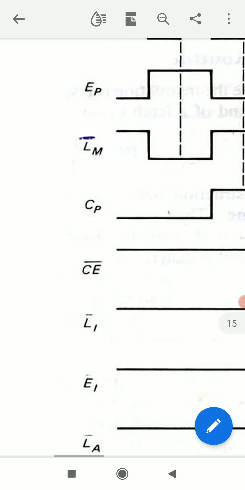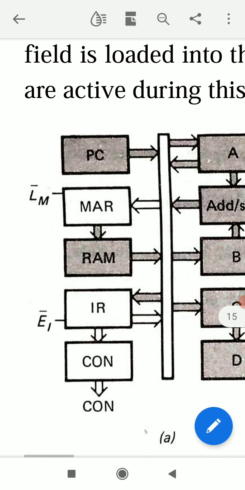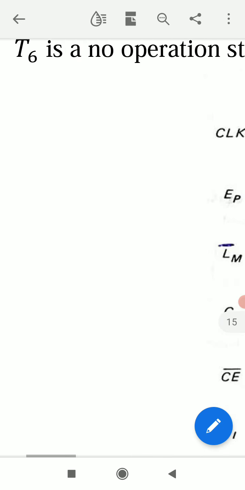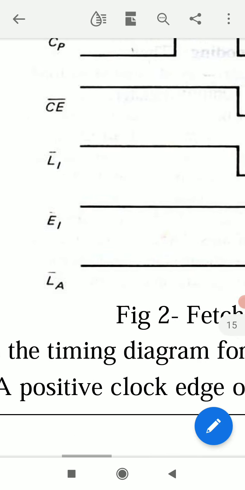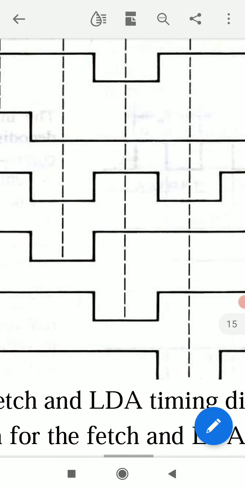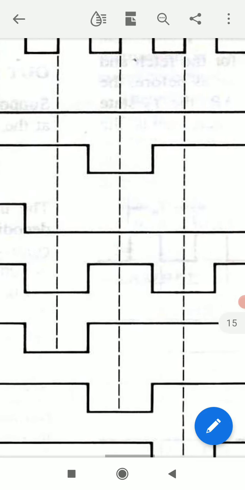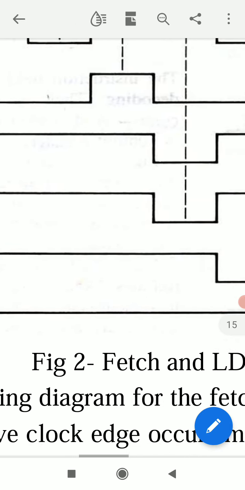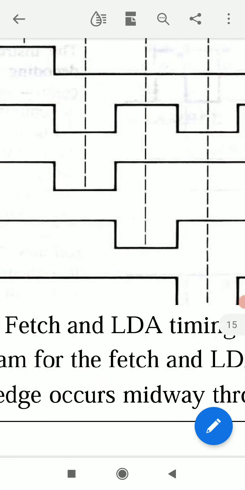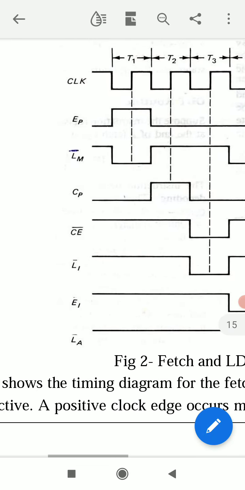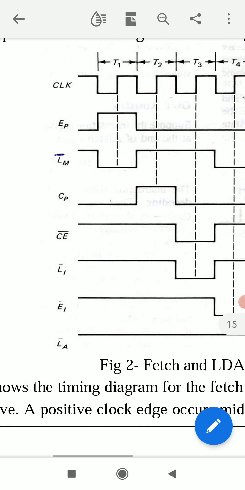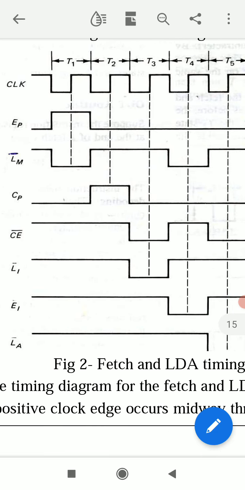And next is EI bar. This is EI bar, and it must be 0 in this T4 state. So in T4 state, EI bar is 0, that is active, and LM bar is 0, that is active. All other bits must be inactive in T4 state.